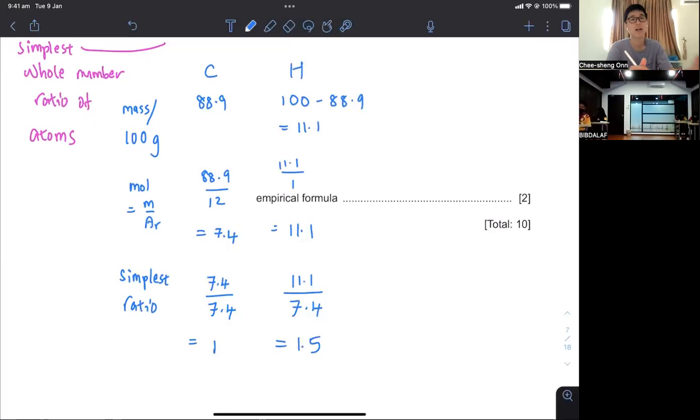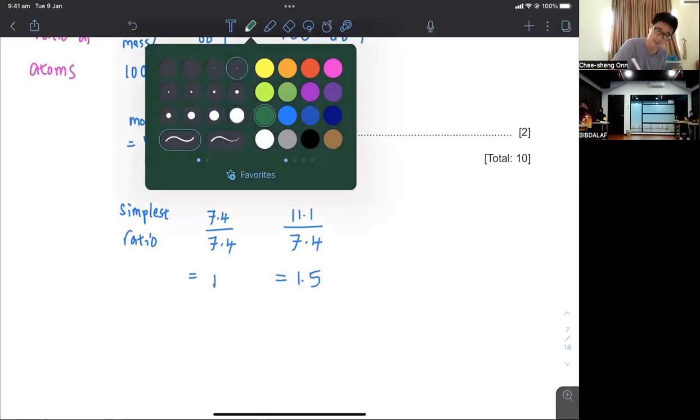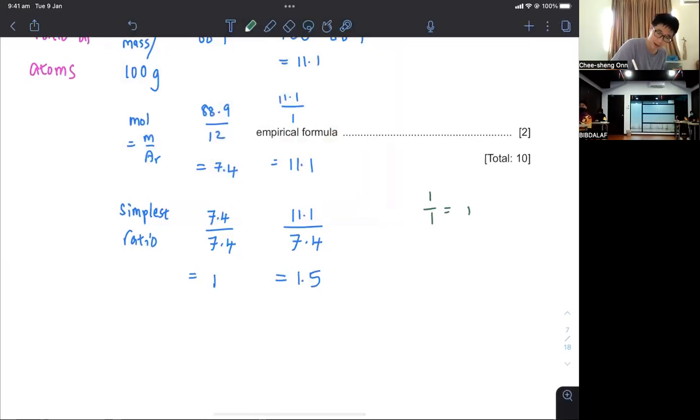Here is where a lot of people thought it's over. Number 1 mistake, they don't know about this percentage thing. Number 2 mistake, they don't know about having to divide by the smallest number. Number 3 mistake, they don't know their primary school mathematics, which is 1 over 1 is 1, 1 over 2 is 0.5, 1 over 3 is 0.33, 2 over 3 is 0.67.